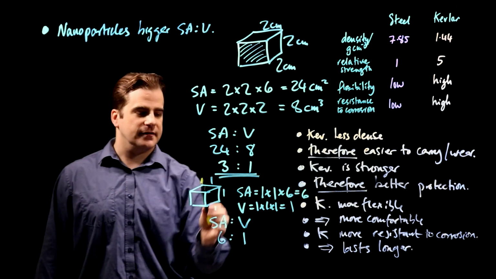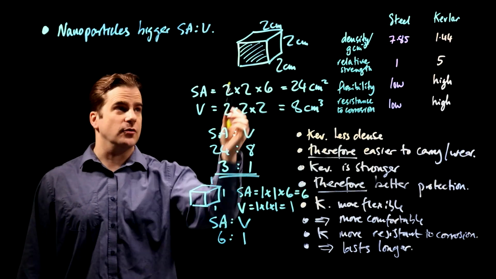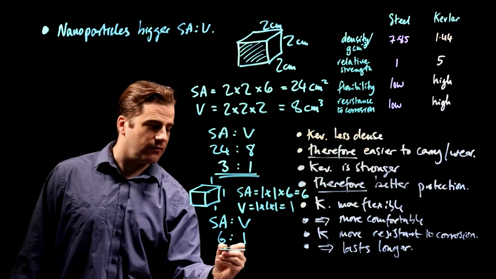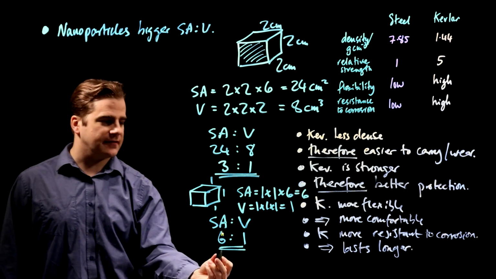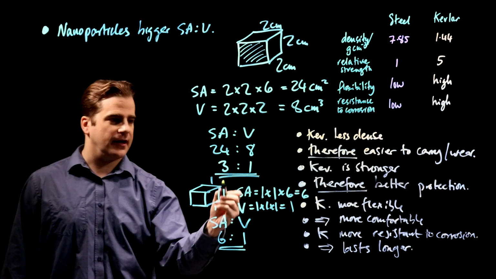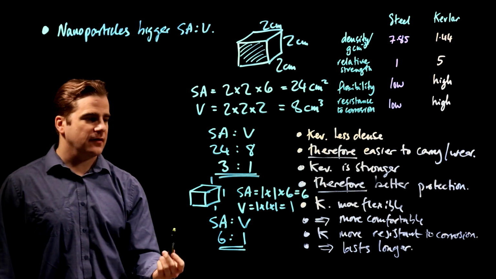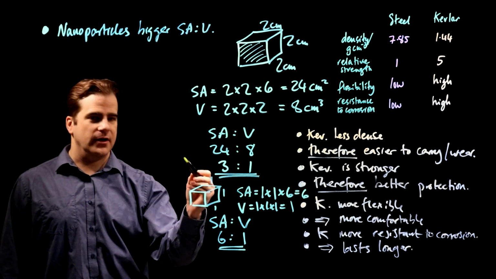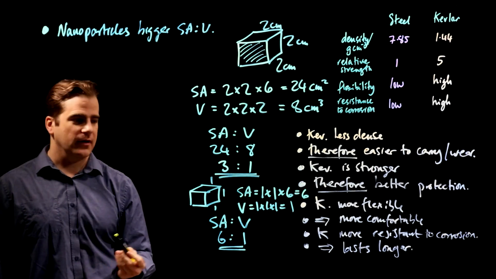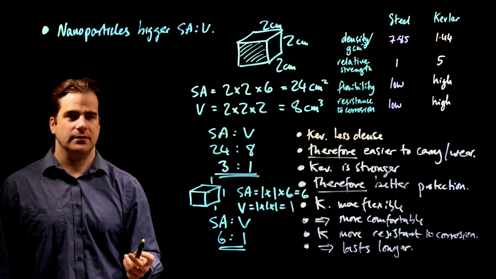So same shapes, okay, same relative dimensions, it's a cube, but it's a smaller cube. And look what's happened to the surface area to volume ratio. When objects get smaller, their surface area to volume ratio increases, okay? It's gone from 3 to 1 to 6 to 1, okay? So when you get down to the size of a nanoparticle, which is much, much smaller than a cube, it's got a huge surface area to volume ratio, okay?